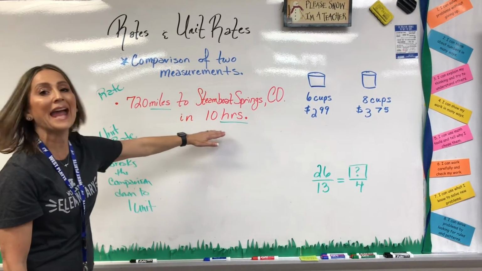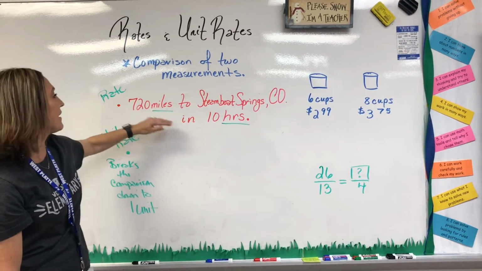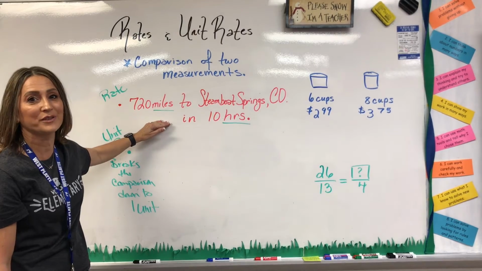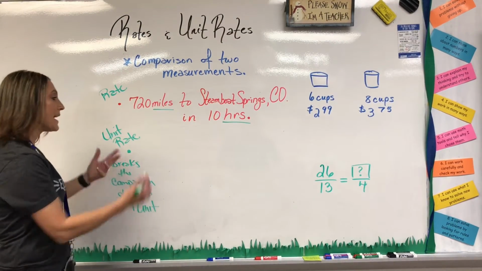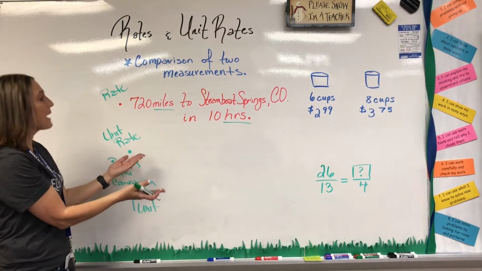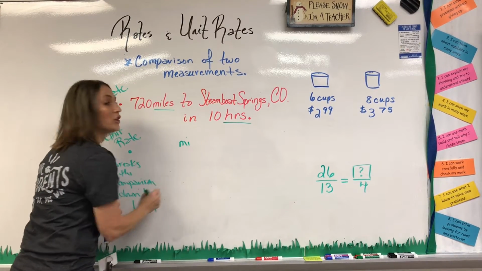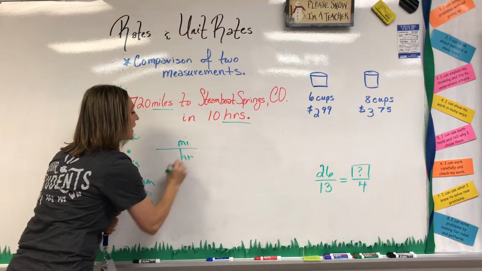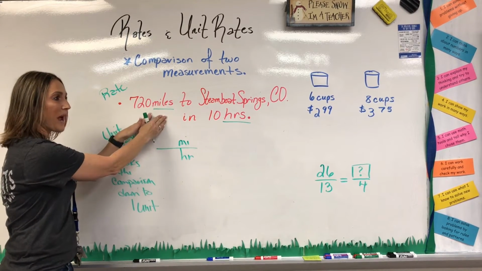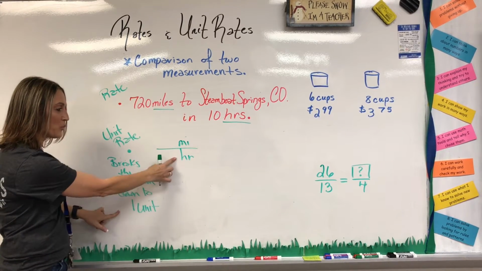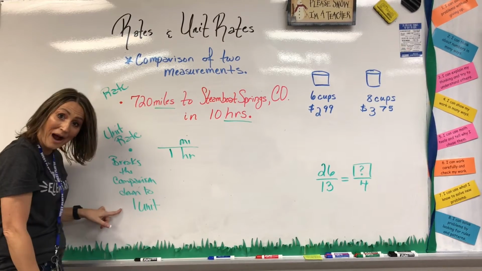Or do you want to break the hours down to 1 hour and find out how many miles it took you to get there in that 1 hour? So they will say, okay, Mrs. P, we can tell you how many miles you can go in 1 hour. This is your rate. We're going to break it down to 1 unit, to 1 hour.